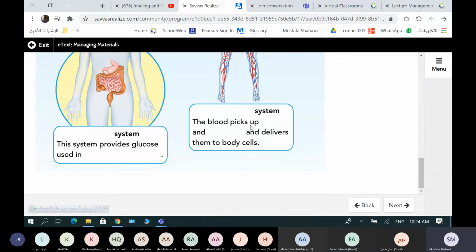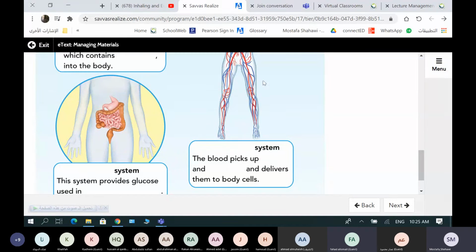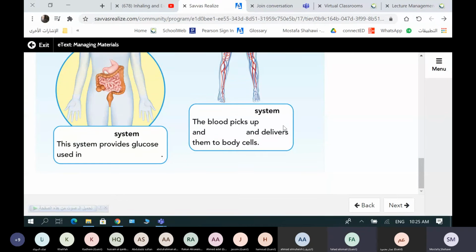The blood picks up what? Continue. The blood picks up what, and delivers them to body cells. Yes, I want you to read. This is the circulatory system. The blood picks up nutrients.